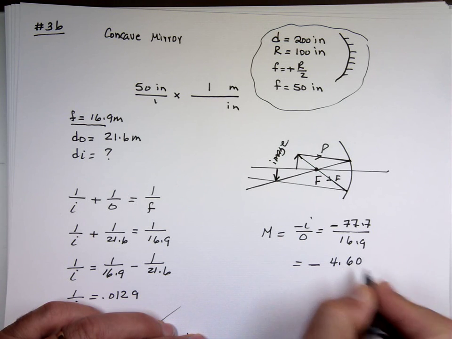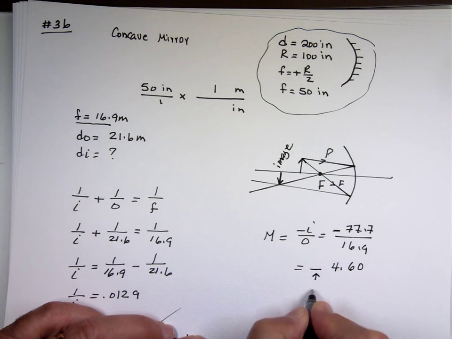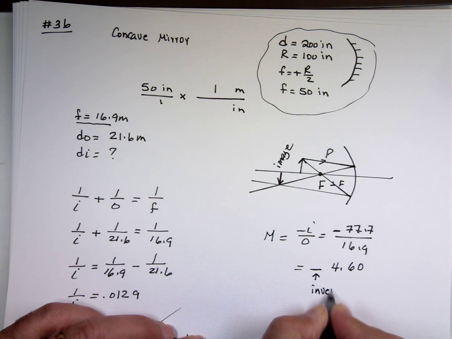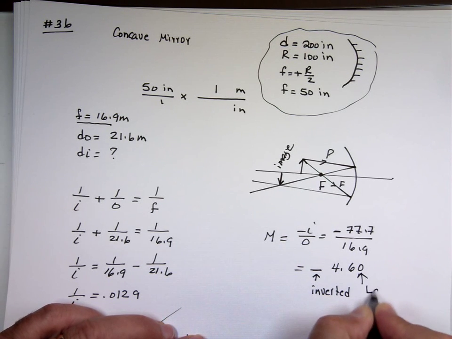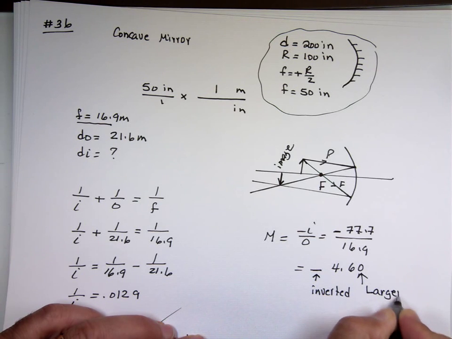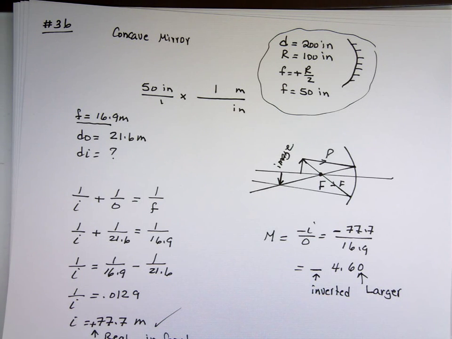The negative tells me the image is inverted, and this tells me it's larger. Got bigger, 4.6 times bigger. So the magnification of the image, I don't know if they want the minus sign. I'll put the minus with it, 4.60.